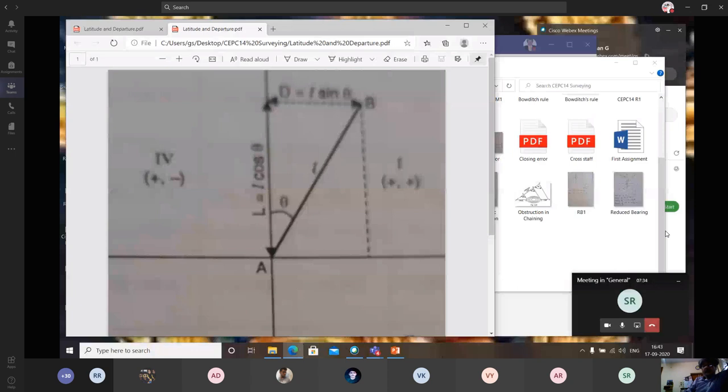Yes, sir. So you have got a line AB. The length of the line is L. So when you resolve it along the north, the component of it is L cos theta.